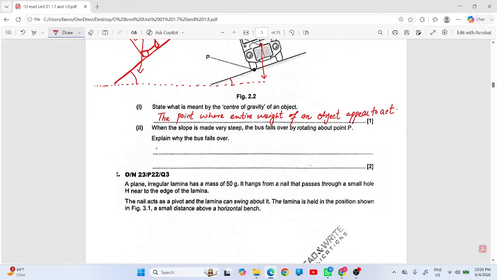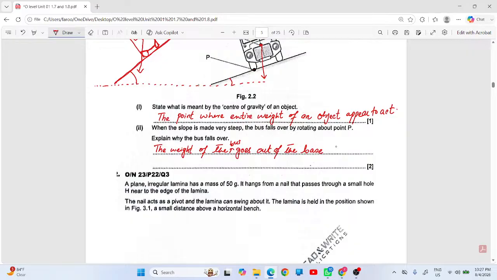The weight of the bus goes out of the base. यहाँ पे bus आएगा, the weight of the bus goes out of the base.